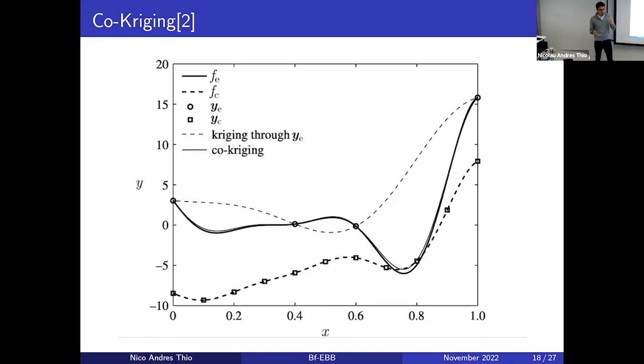So people show this image to say co-kriging is incredible. I augmented with data that doesn't look very accurate, but I get a very accurate model. Anyway, this is more or less the state of the literature. Things are changing now, but people just believe that because you have a low fidelity source, you should integrate it somehow. And this is a clear example of why.